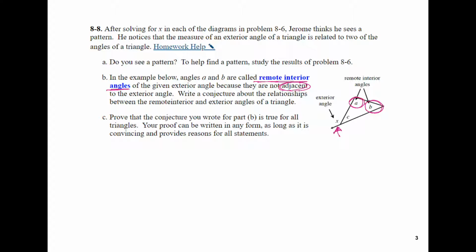So we can say that the measure of an exterior angle equals the sum of the two remote interior angles.